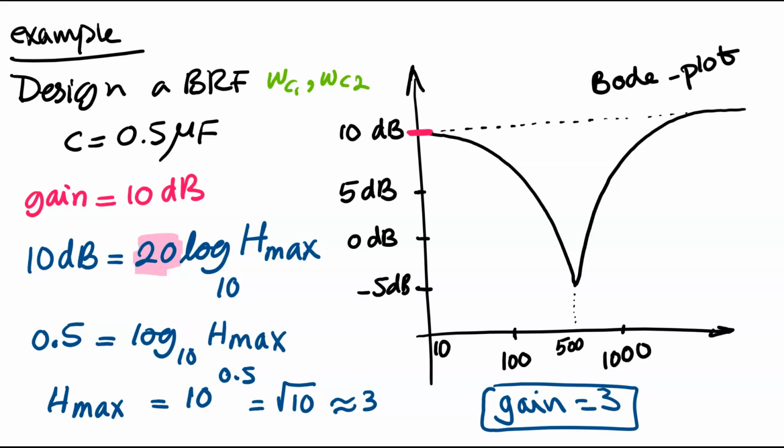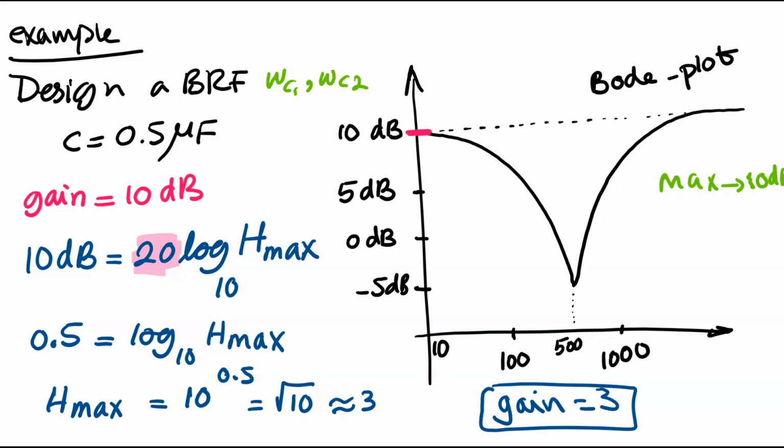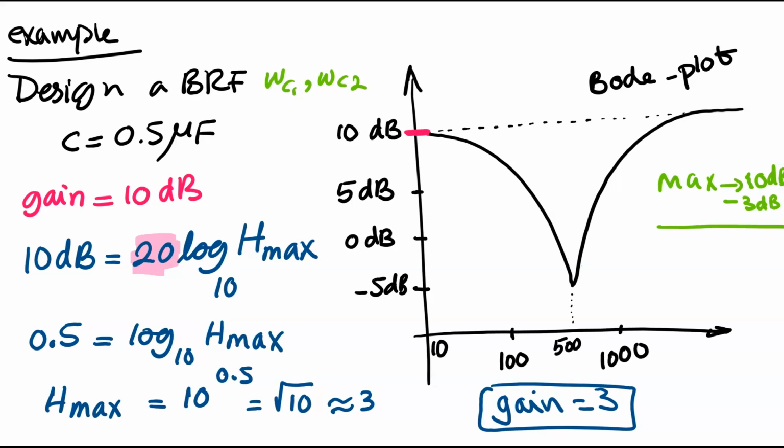We know that the cutoff frequency happens at 3 decibel lower than my maximum gain. Because my maximum gain is 10 decibel, subtracting 3 decibel gives 7 decibel. So it's somewhere around here.